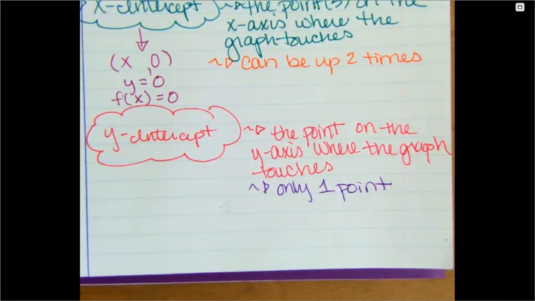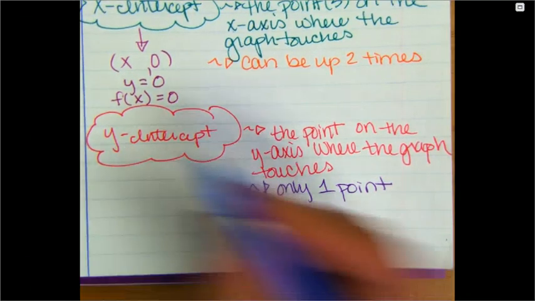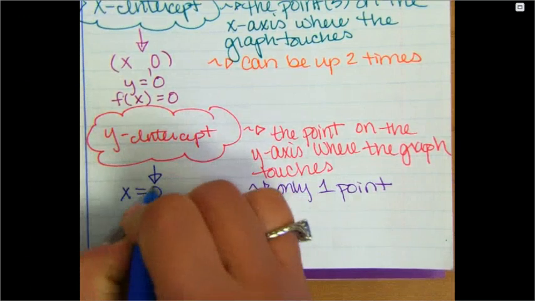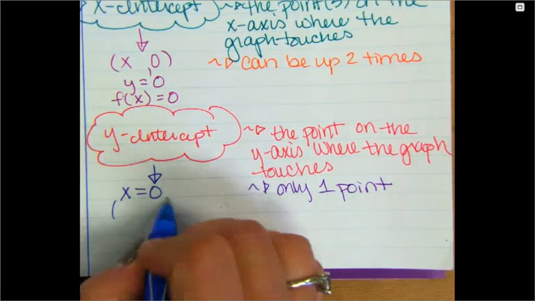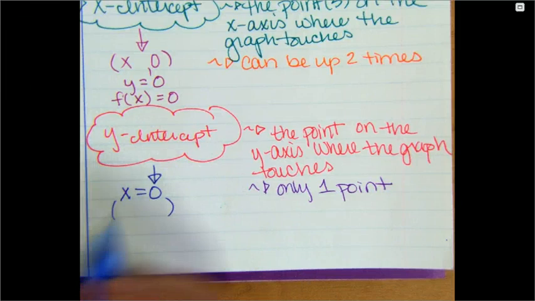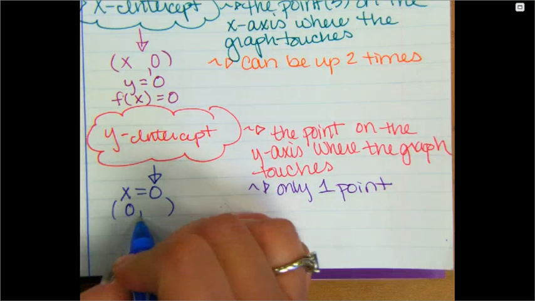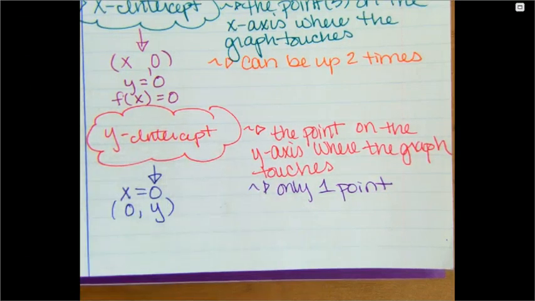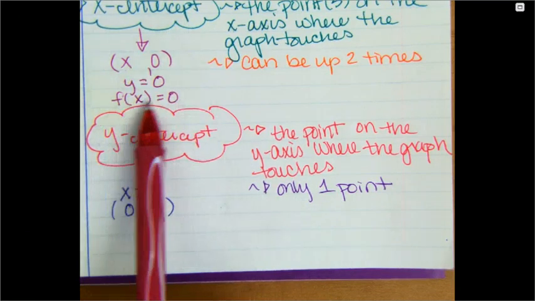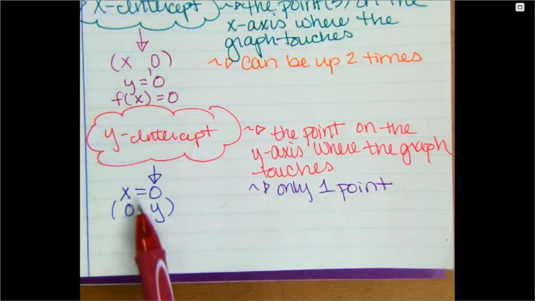And we just said your x is 0. So if x is 0, how do we write that ordered pair? 0, y. Good. This one showed me f of x is 0. How do I write this one?